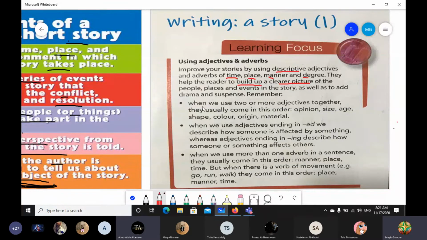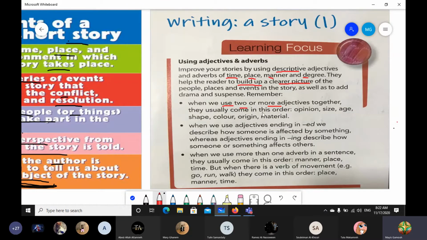Thank you, Abdullah. So here, the first thing we are going to talk about is adjectives. If we are using two or more adjectives together in our sentence in order to describe our story, the adjectives usually come in an order.